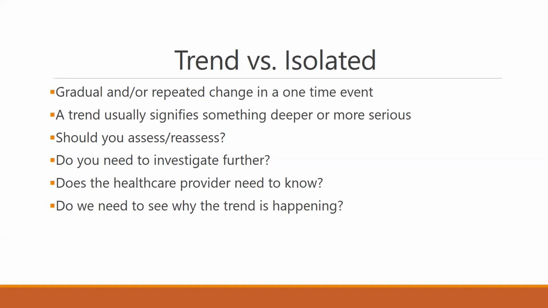Well, you need to assess first, take some vital signs, and figure out a game plan, and then call the healthcare provider within a very quick amount of time. Don't delay. And how do we see why the trend is happening? With this lady prior, I knew her vital signs had been good. Heart rate had been in the 80s.